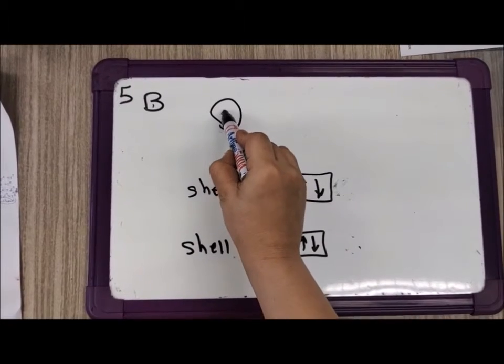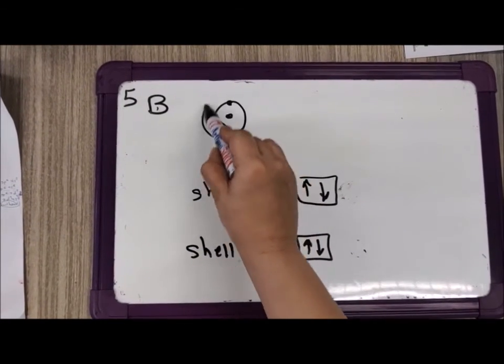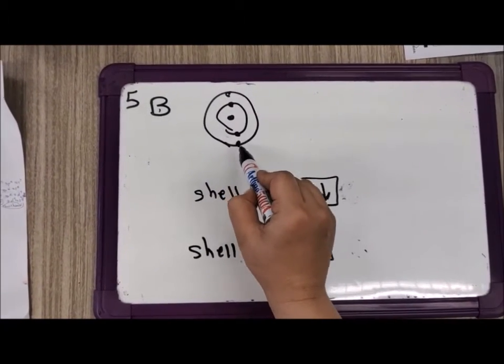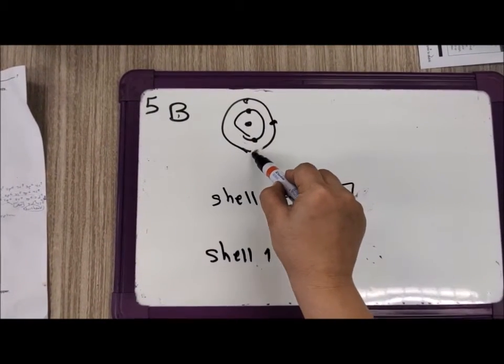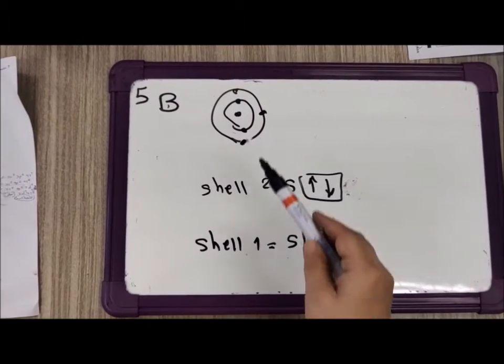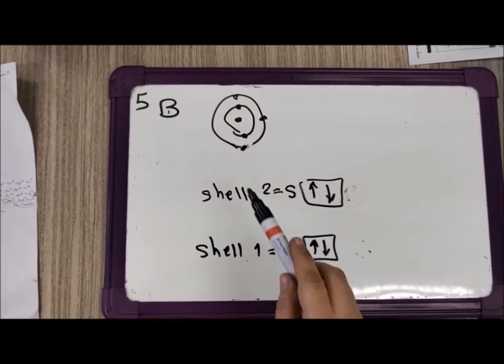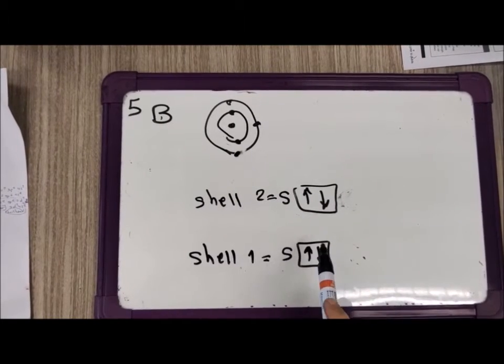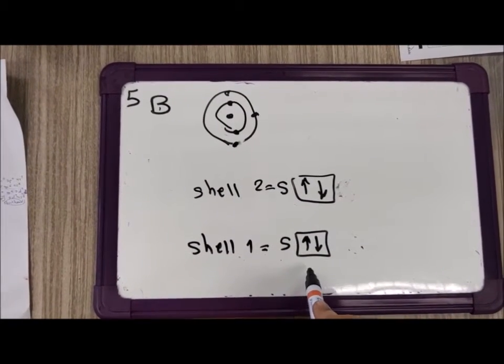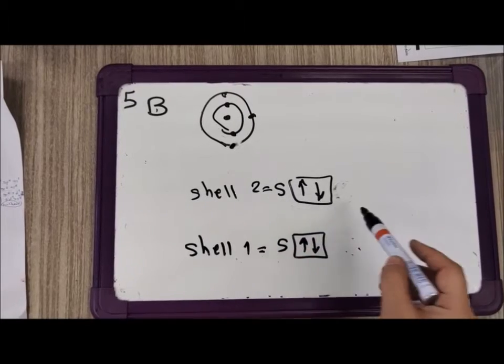Another one. Now what we do for boron. Boron, this is the nucleus. 1, 2 electrons, 1, 2, 3. So it becomes 5 in all. It has 2 shells like this, but it has 5 electrons. Exactly the same thing we do: shell 1 s orbital, shell 2 s orbital is done.